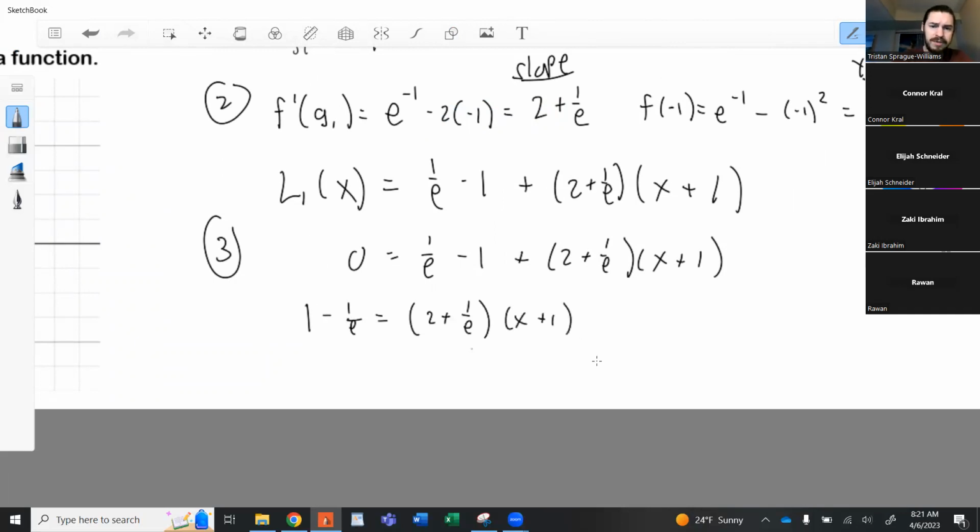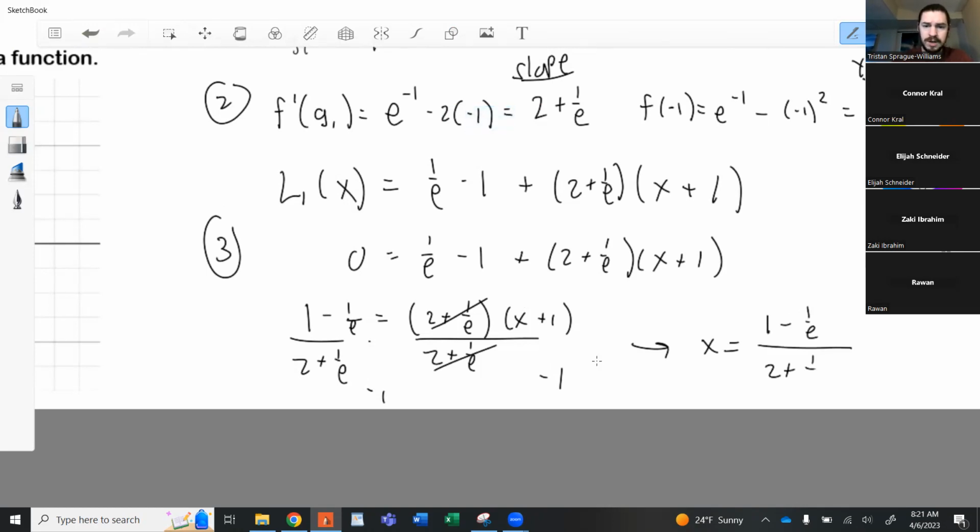I'll divide both sides by the 2 plus 1 over e. So that cancels out. Now I have x plus 1 on here. All I got to do is subtract 1 from both sides. And what I get is x is 1 minus 1 over e, over 2 plus 1 over e, and then minus 1.